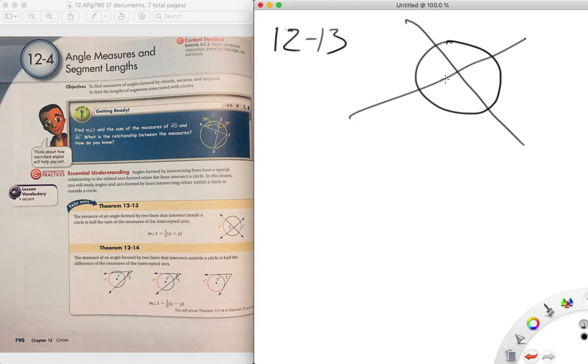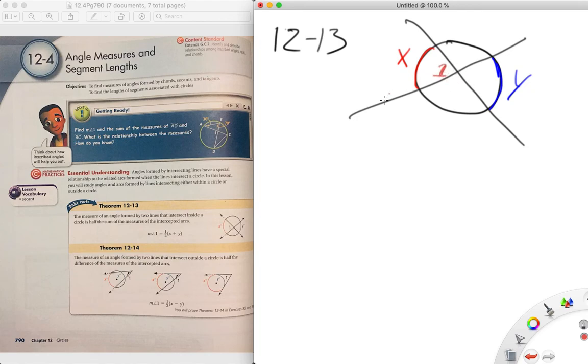And with these two lines, we have intercepted arcs here. Call that one X. You have another intercepted arc on the other side. We call this one Y. And then we have an angle. We can call that angle number 1.